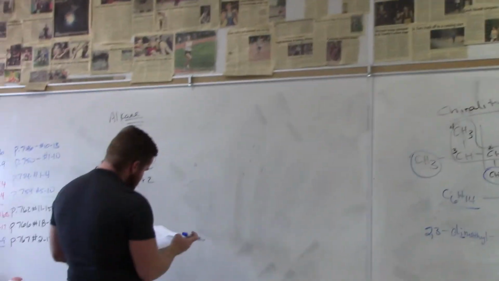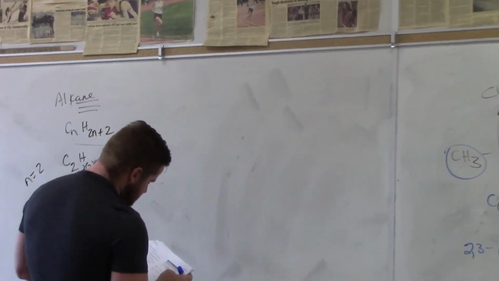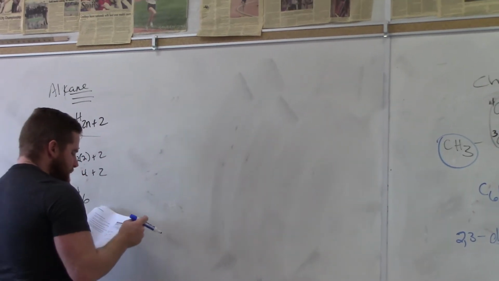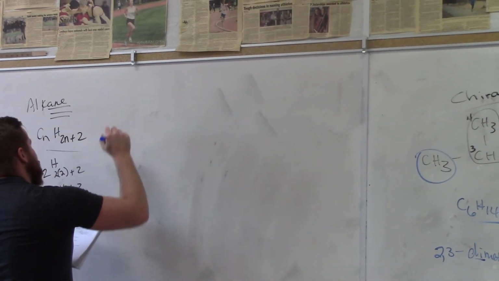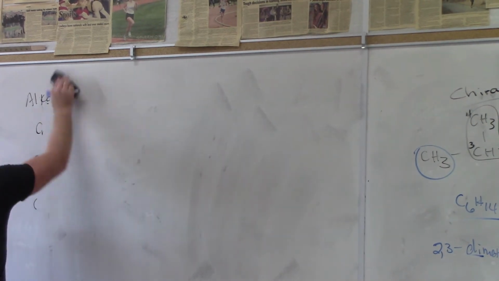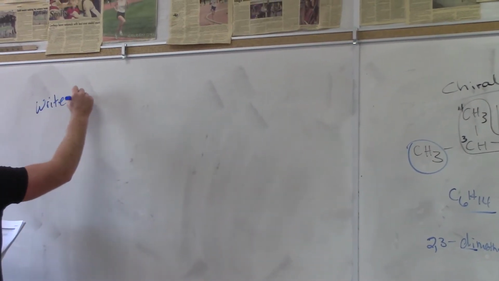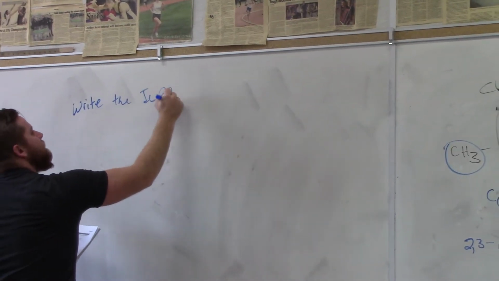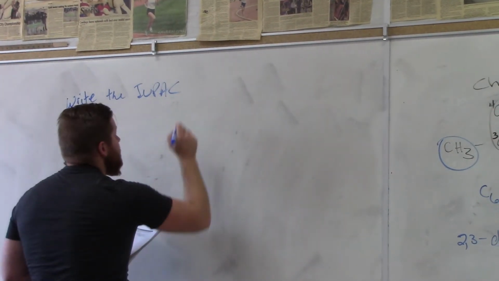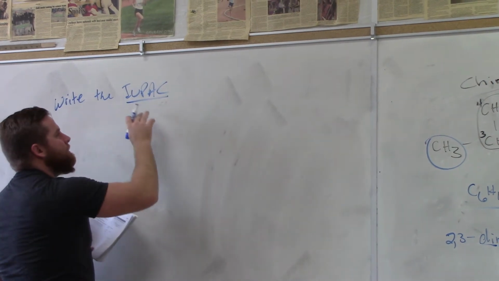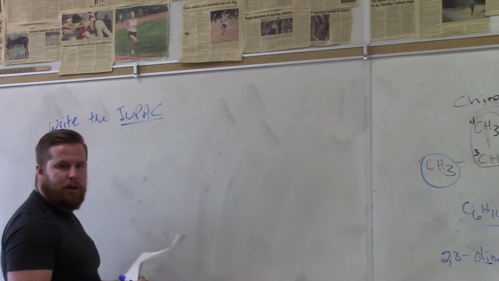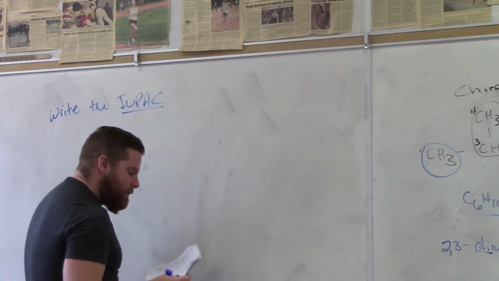Okay, let's keep going with some of these branched alkane examples. So, a sample problem says, write the IUPAC. So this is the name. This is the acronym that stands for the International Agency of Chemistry.